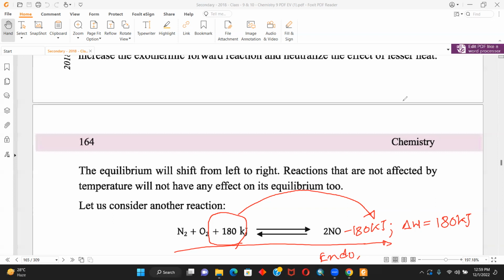Okay, so let me give another test then. A plus B creates C, and plus 40 kilojoule. Okay. So now what will happen if I add heat in the equilibrium state of this reaction?